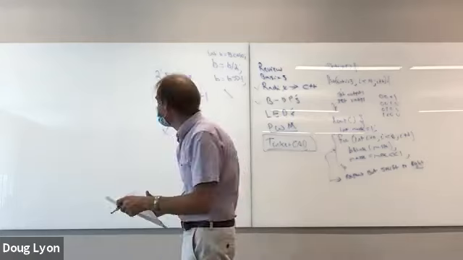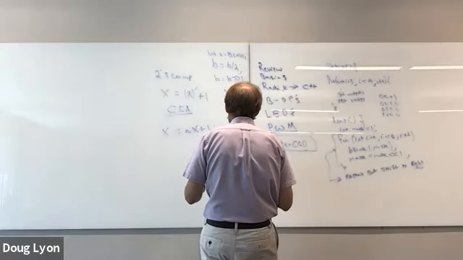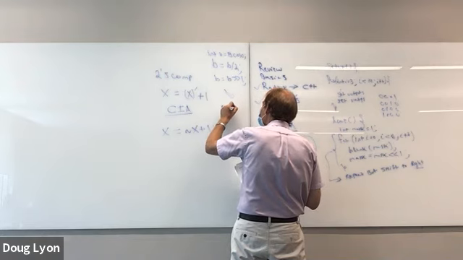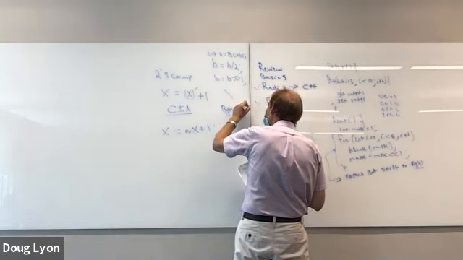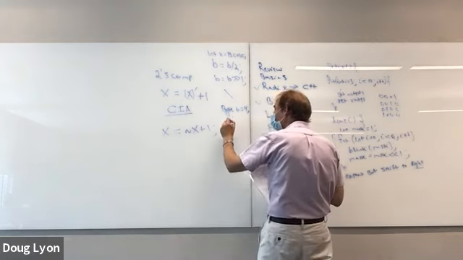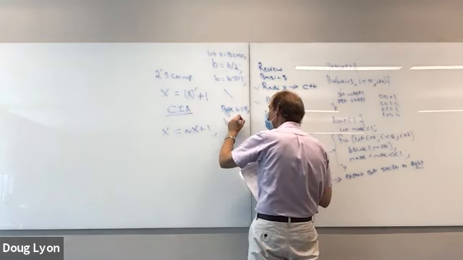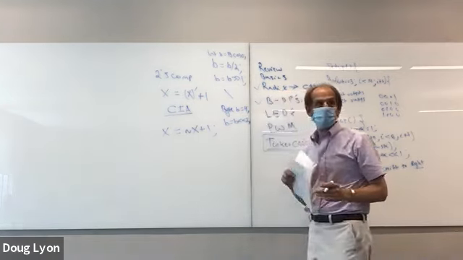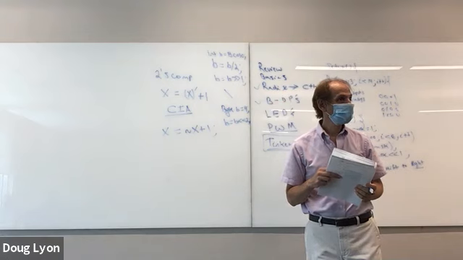So here's a question. Suppose B equals 4. B equals B shift 2. Now what is B equal to?